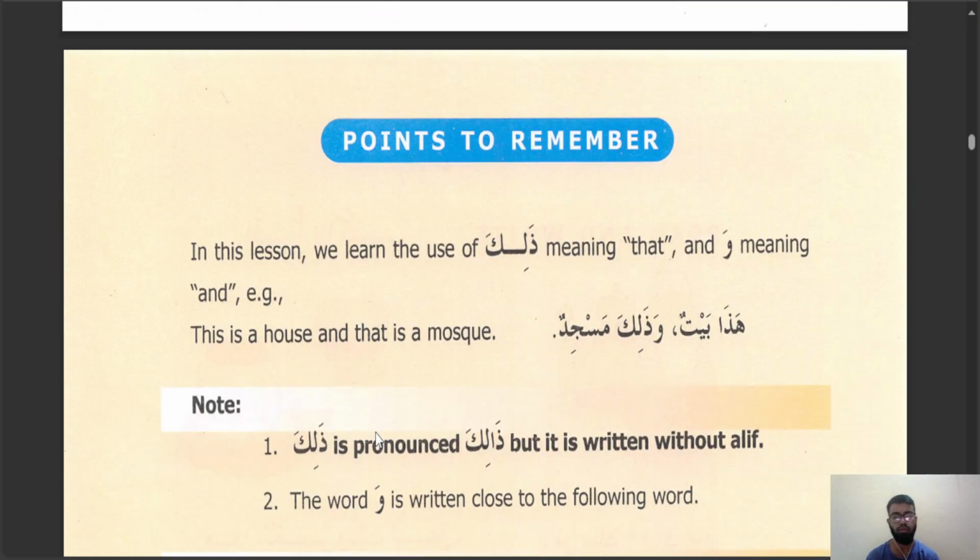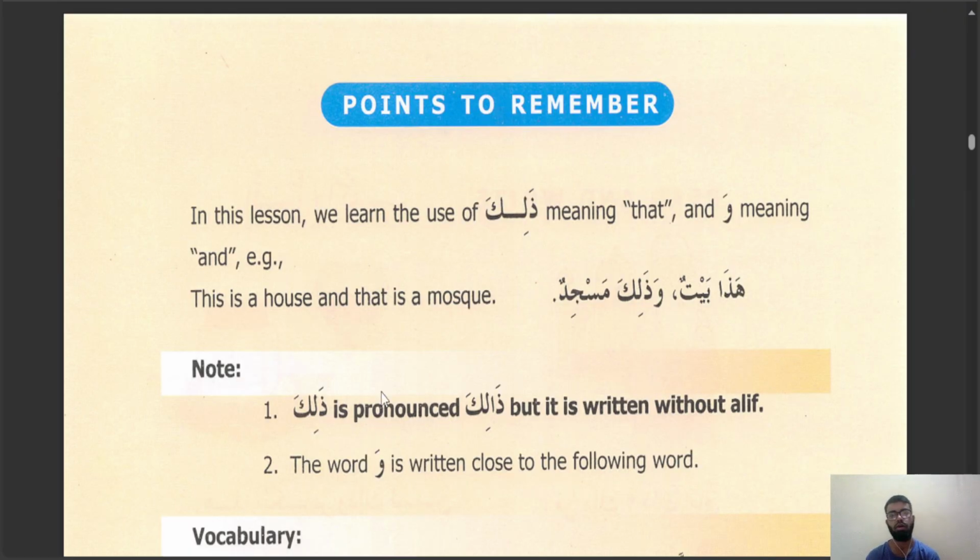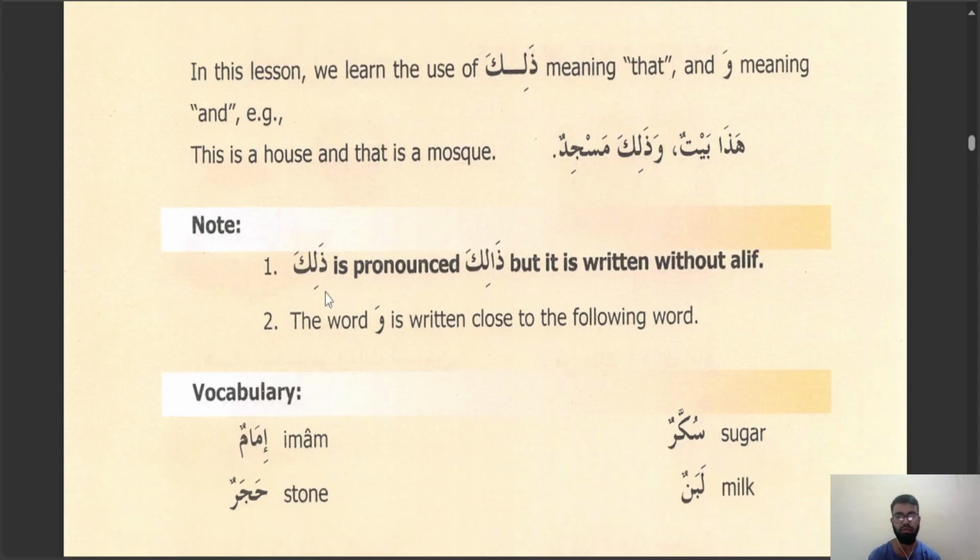Okay, so here we will go ahead quickly with some points to remember. In this lesson, we learn the use of dhalika, which means that, and wa, which means and. For example, Hadha baytun wa dhalika masjidun. Hadha baytun, this is a house, and dhalika masjidun, and that is a mosque. Some important points to note here. Number one, dhalika is pronounced with an alif after the dh, but it's written without an alif.